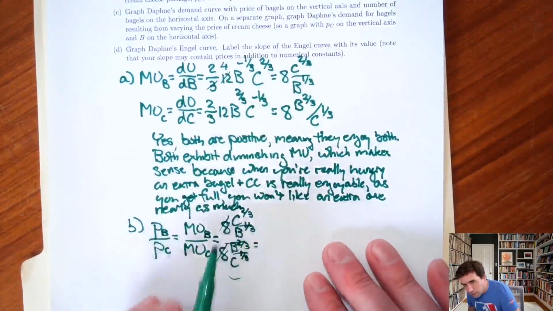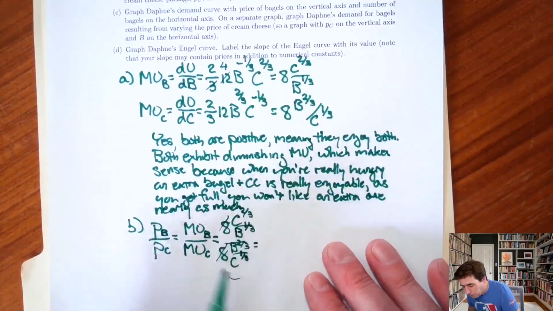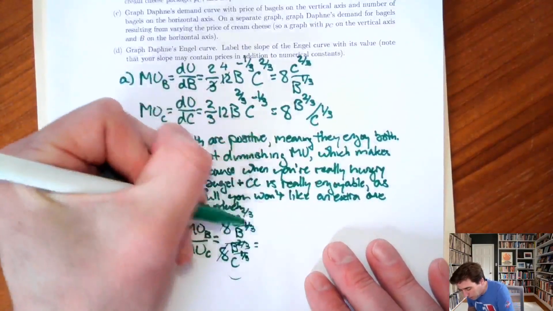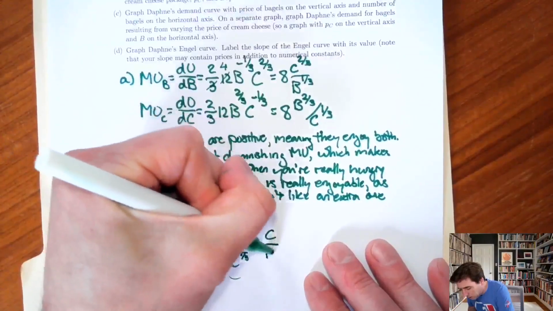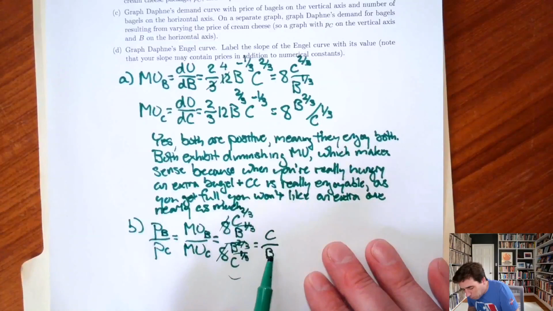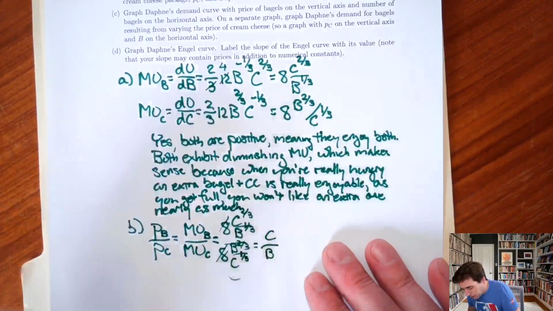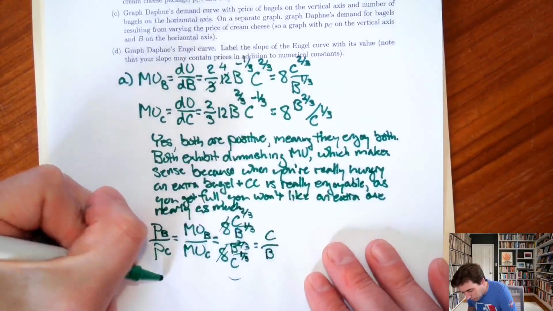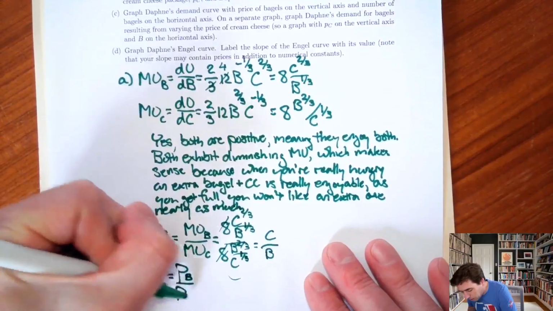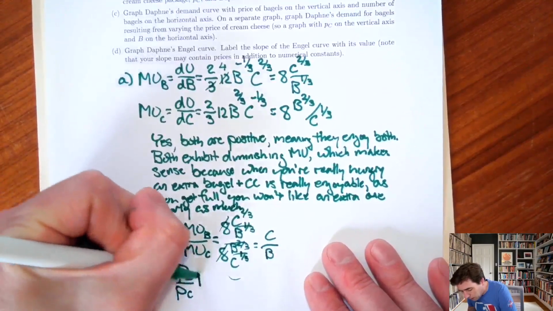And all this, as usual with our Cobb-Douglas function, simplifies quite nicely. This is going to be just C over B. Okay, I'm going to move this B over to the other side to get C by itself. That's going to give me C equal to PB over PC times B.